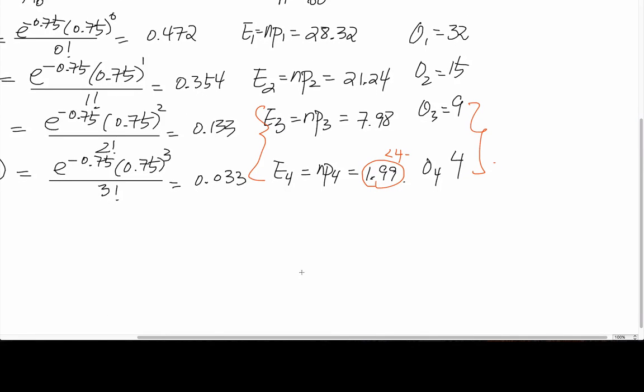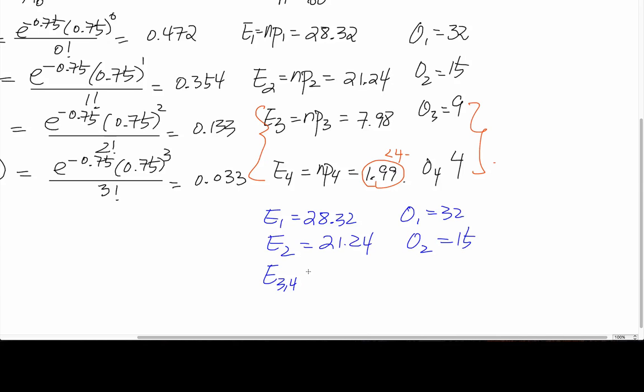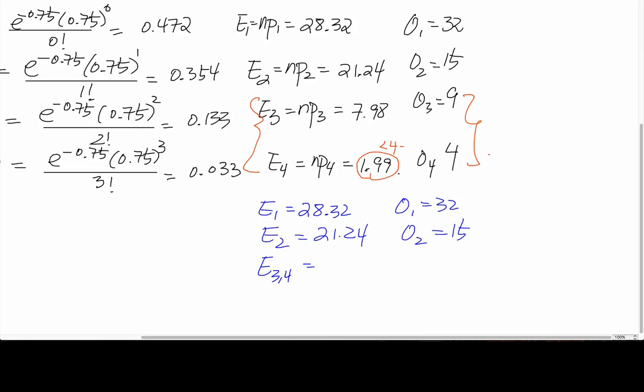The expected frequency for E1 doesn't change, O1 doesn't change. E2 is 21.24, that doesn't change, and observed 2 is 15. But the combined frequency that I'm going to call E3,4 will be 7.98 plus 1.99. If I add those up, I get 9.96. And I'm also going to combine the observed frequencies for 3 and 4, and that's 13.